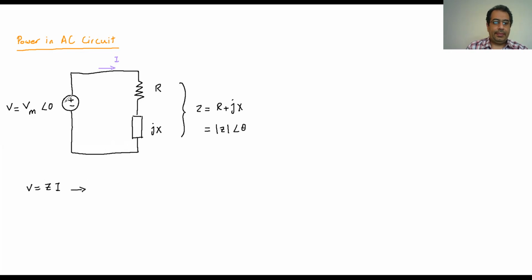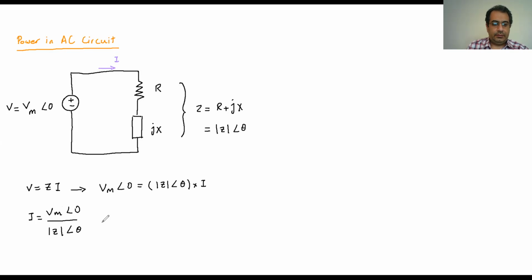So I can rewrite that: Vm with angle of 0 is equal to Z with angle of theta, in parentheses, times I. Therefore I is going to become Vm with angle of 0 divided by Z with angle of theta.